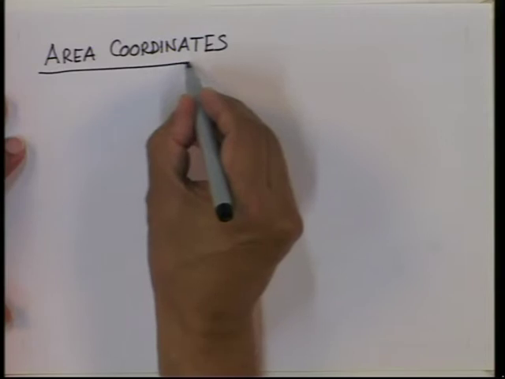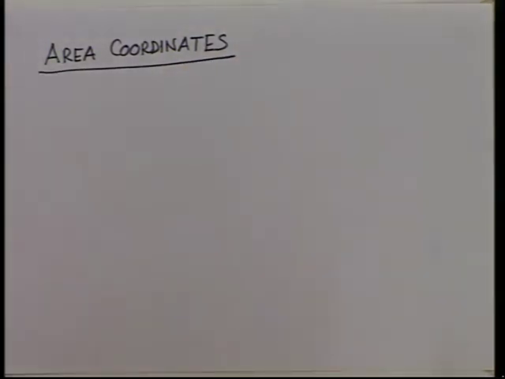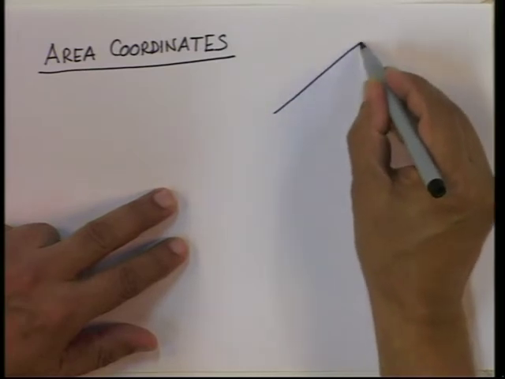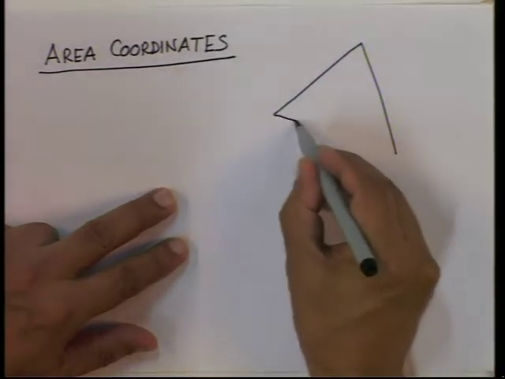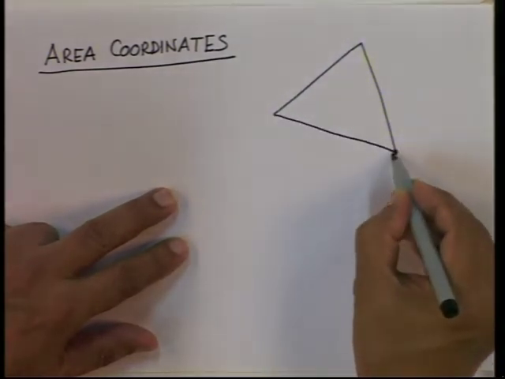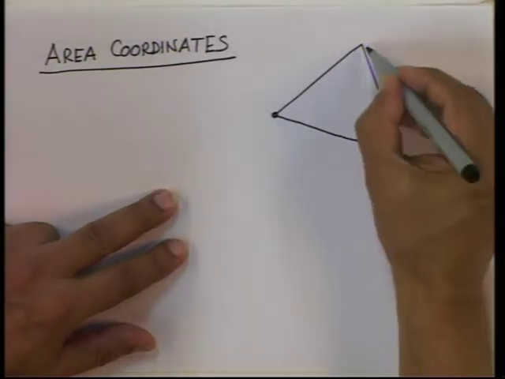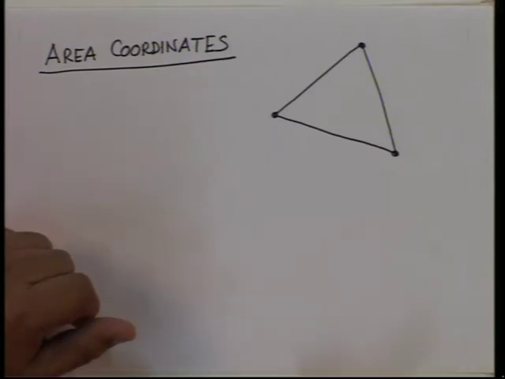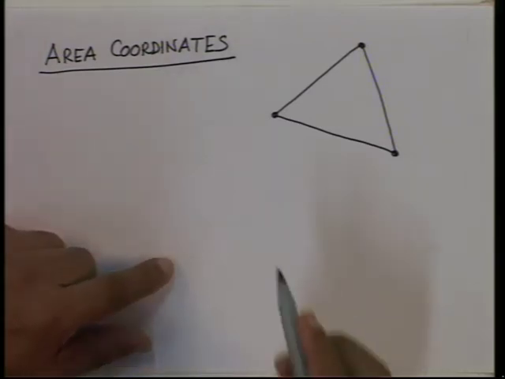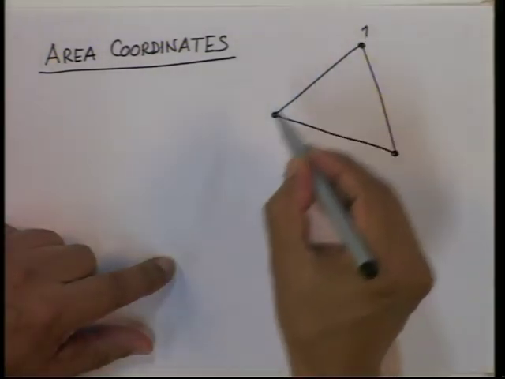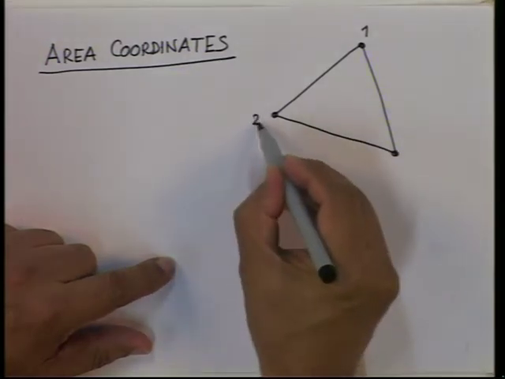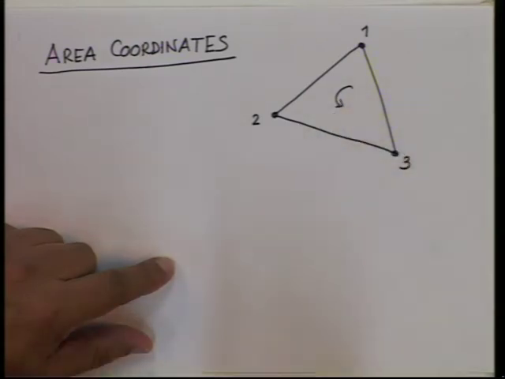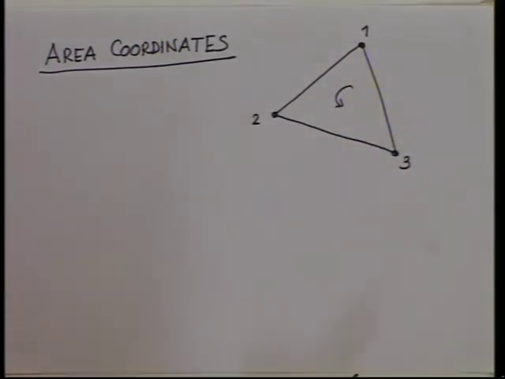What is the meaning of area coordinate? I will give you an example. If you have a triangle, numbered 1, 2, 3, it can be started from anywhere as long as you follow this rule.